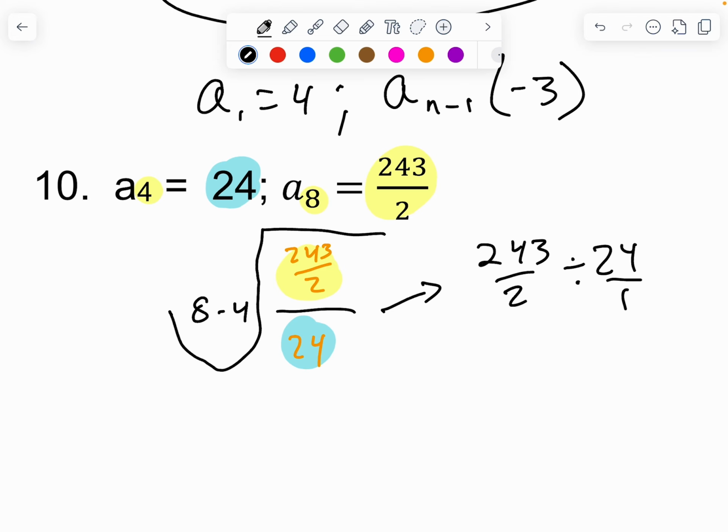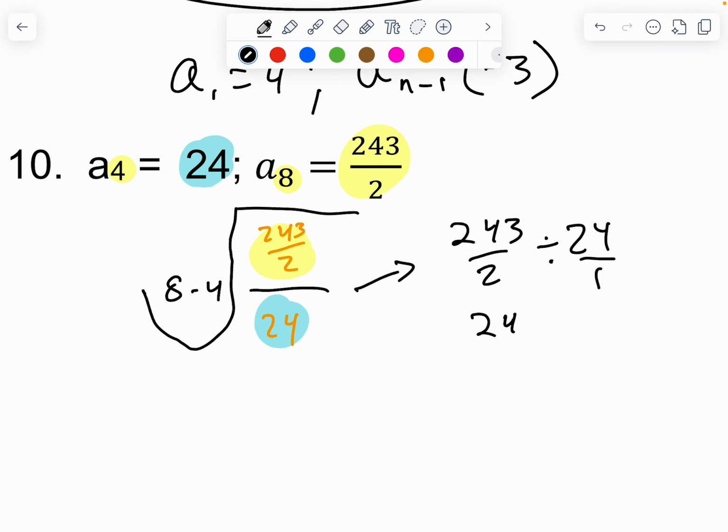That's 24 over 1, so we keep, change, flip. Let's see, 243 over 2 divided by 24.